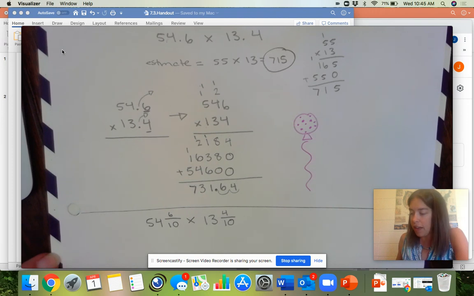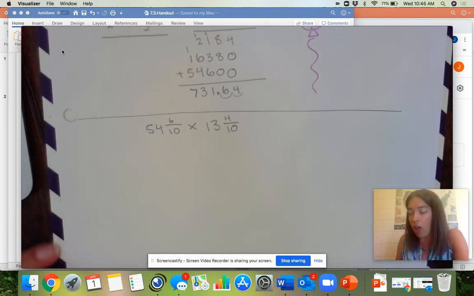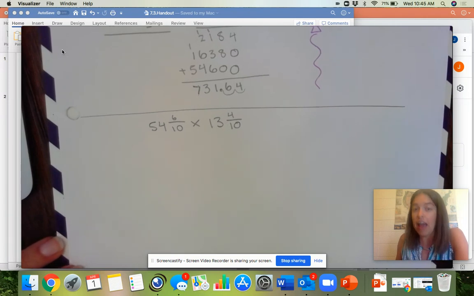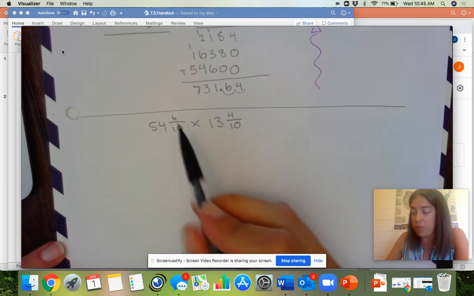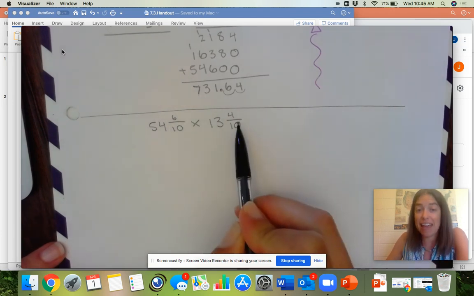All right, I'm going to go ahead and set up an array to multiply all the different pieces. I know when I'm multiplying, I can't just do 54 times 13 and 6/10 times 4/10. Instead, I need to multiply every piece times another piece.